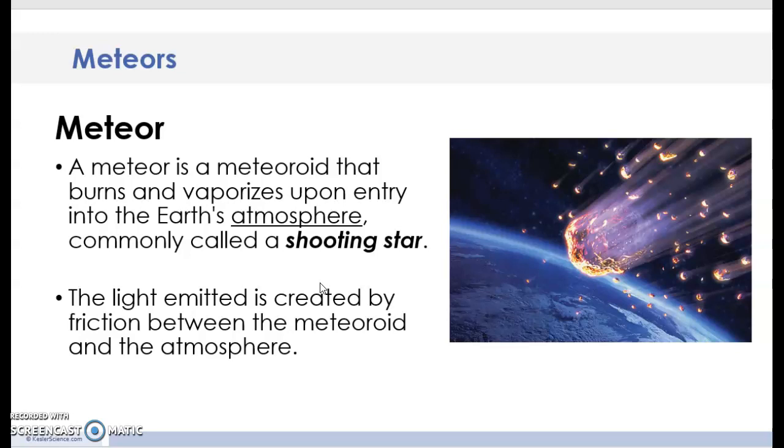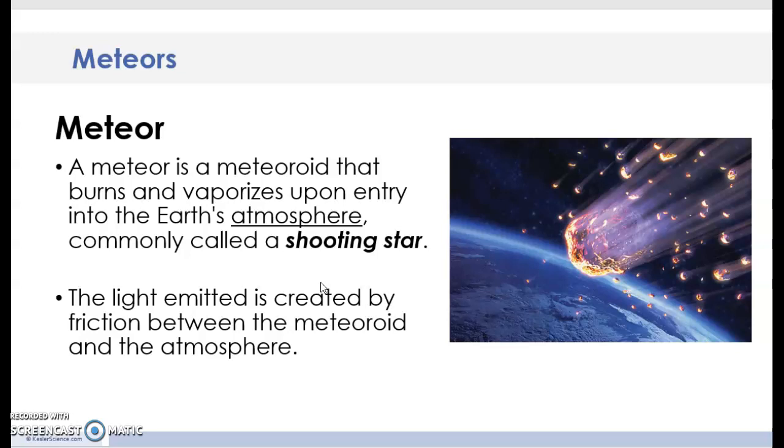Once it enters the atmosphere, then it becomes a meteor. Now, the flash that you see of a shooting star is actually it's burning up. It's light that's being emitted from the friction that the meteor is experiencing in our atmosphere.